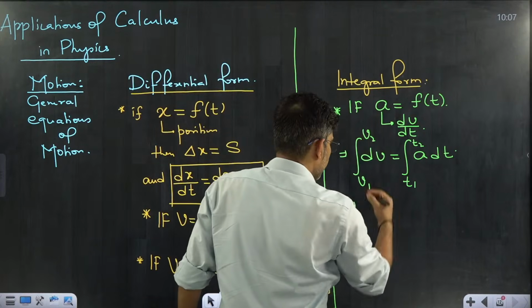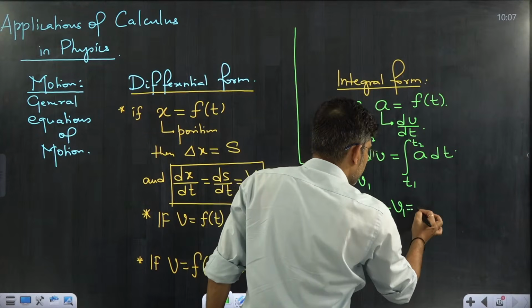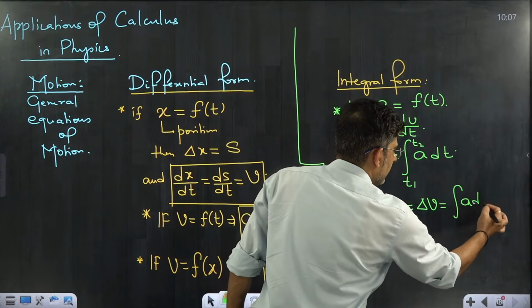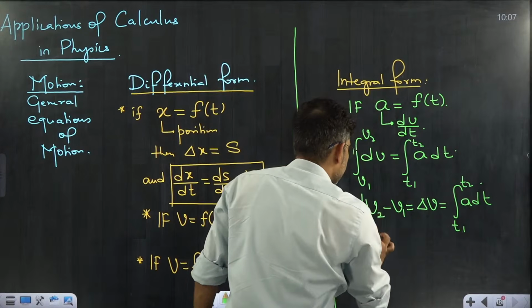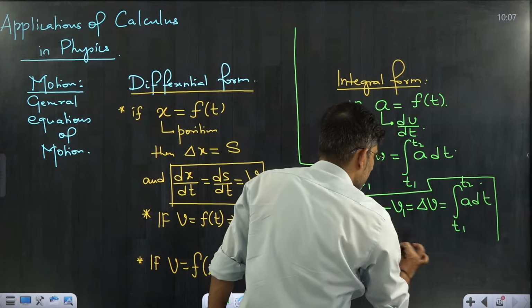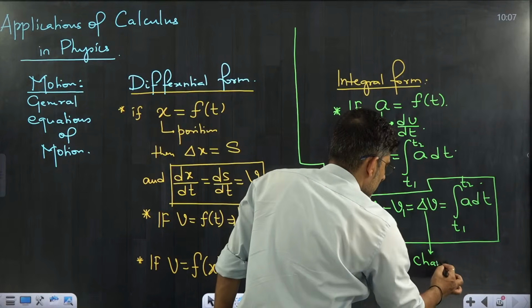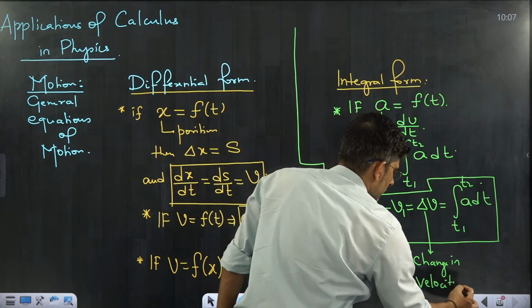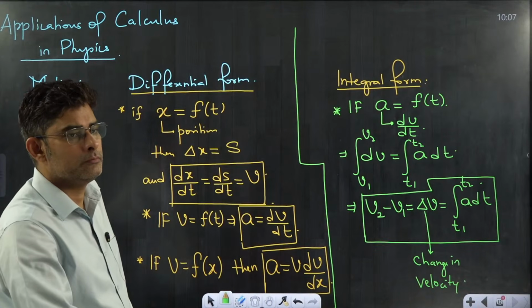So when you put the limits I showed yesterday, v2 minus v1, that is change in velocity, it will be found by integrating acceleration with respect to time. If you integrate acceleration, you will not get velocity, beta, you will get change in velocity. So this is called a change in velocity.